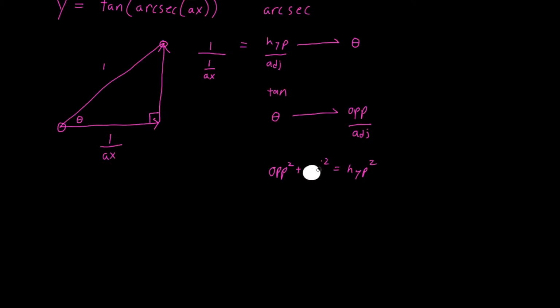Adjacent is equal to 1 over ax, so we have 1 over ax squared, which is equal to 1 over a squared x squared, and that's going to equal the hypotenuse squared, and hypotenuse is 1, so that's equal to just 1. We can subtract 1 over a squared x squared from both sides.